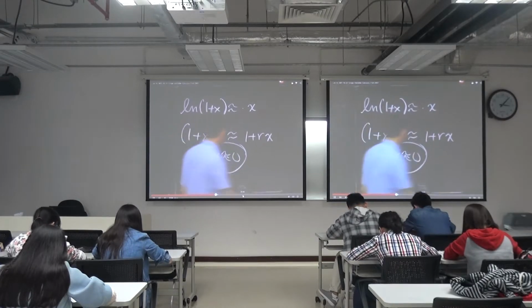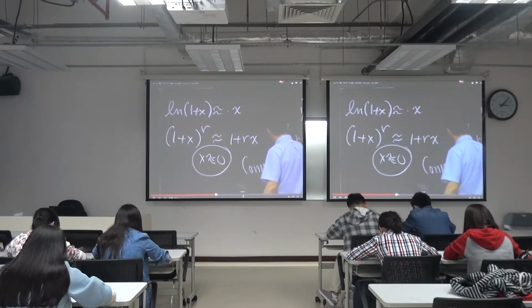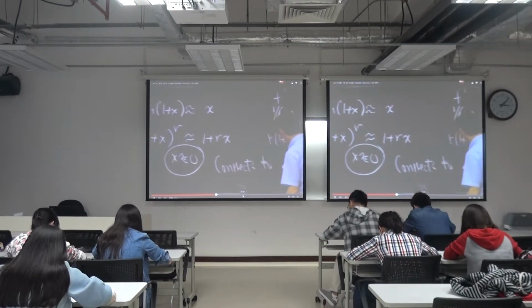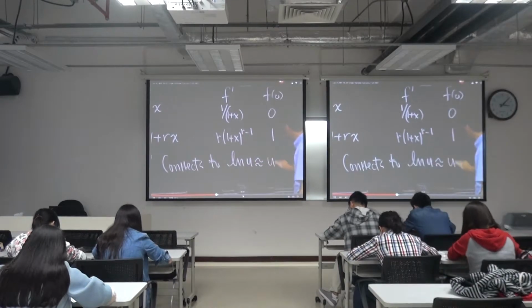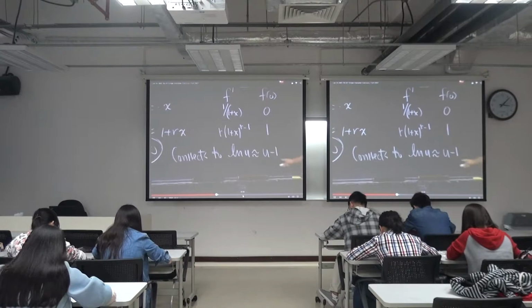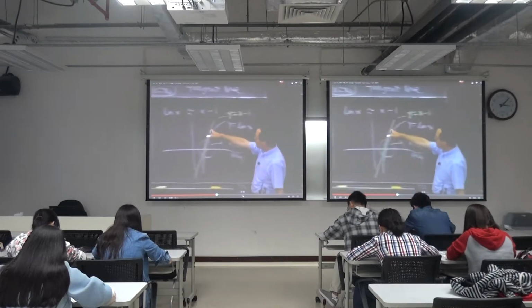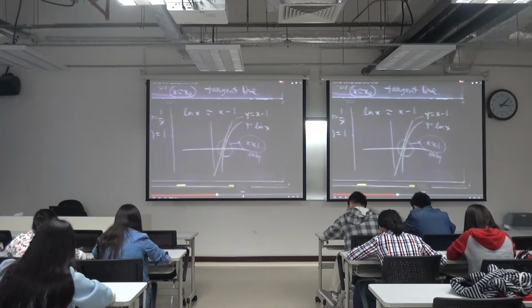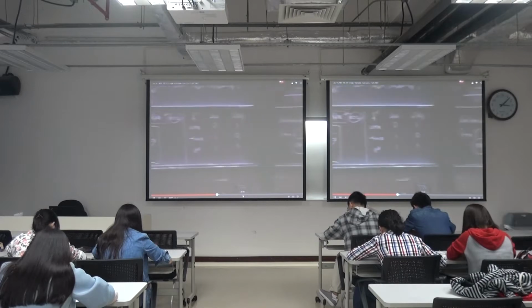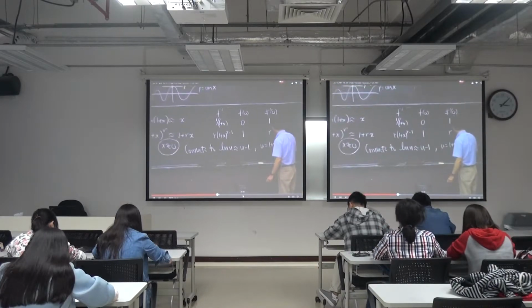So the connection with the previous example is that what we wrote before I could write as the logarithm of u is approximately u minus 1. Right? That's just recopying what I have over here, except with the letter u rather than the letter x. And then I plug in u is equal to 1 plus x.